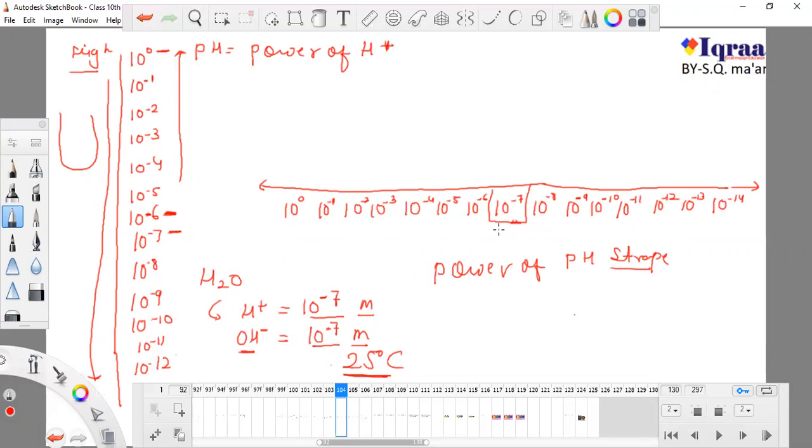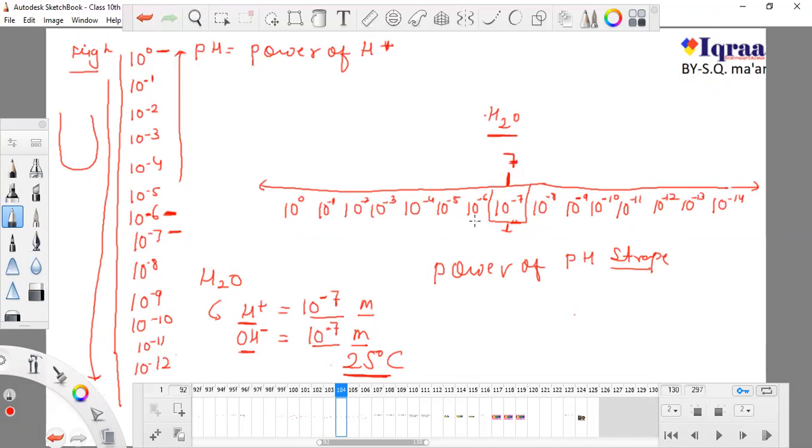Okay, now here, if I use this as a power of pH, I know that this line indicates that this is the power of water, because here my H plus is 10 to the power minus 7 and I can write it as 7.